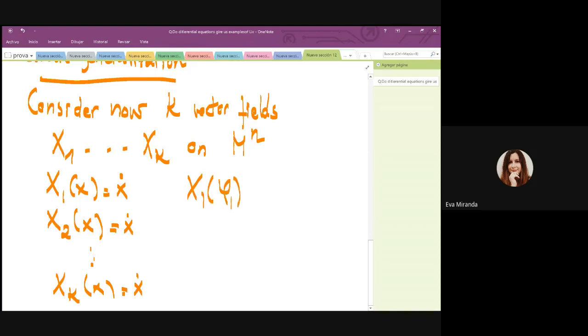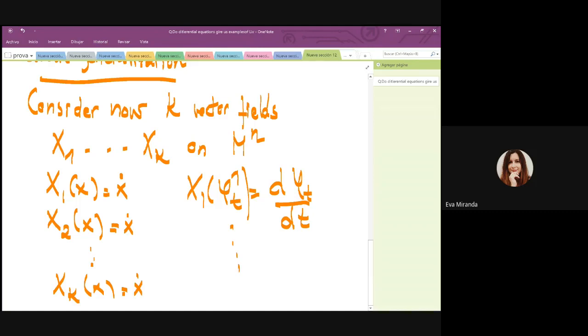I'm going to denote by phi1 the flow of X1. Okay, and I consider this. So I'm going to change the notation maybe. Let me erase this. Let me consider as notation phi super 1 sub t. Okay, that's the flow of the vector field X1.